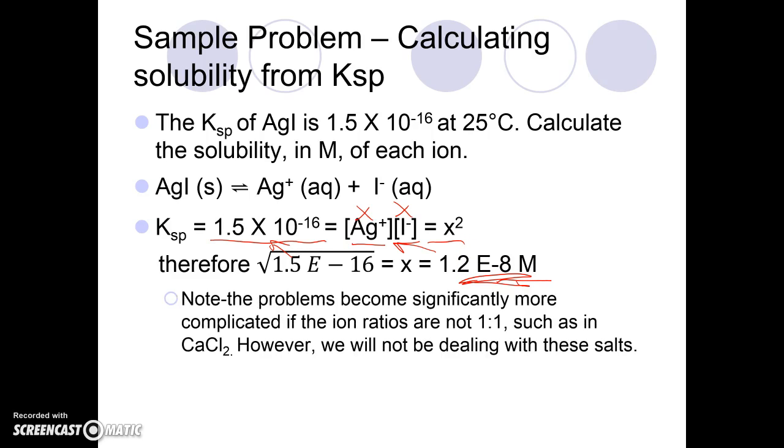So let's just notice too that the problems become significantly more complicated if the ion ratios are not 1:1. That's why we're going to write out each chemical formula and equation. In this case, the CaCl2, when it dissolves, would give you Ca plus 2 ions and 2 Cl minus ions, and then the math would be more awkward. But we're not dealing with those in this class. We'll save it for AP Chem.